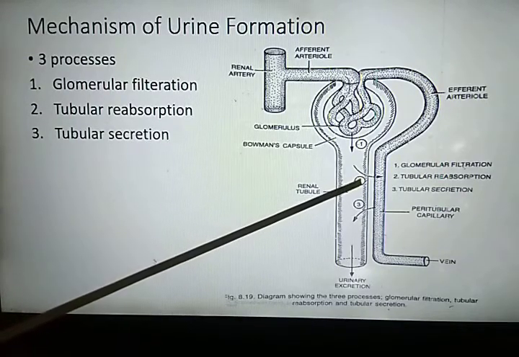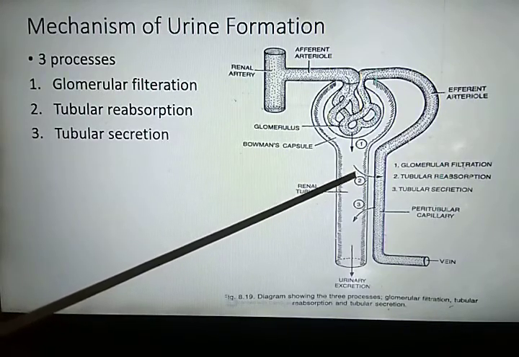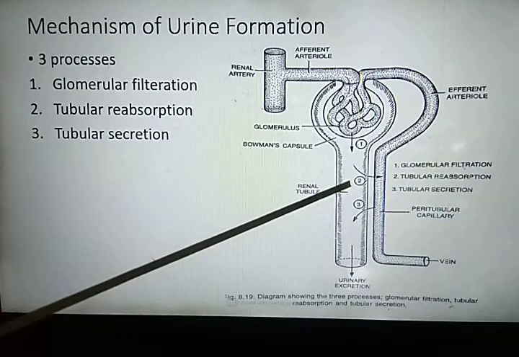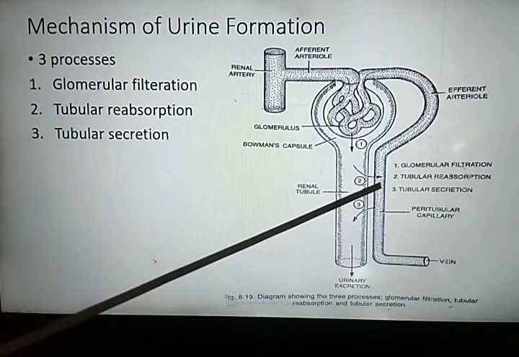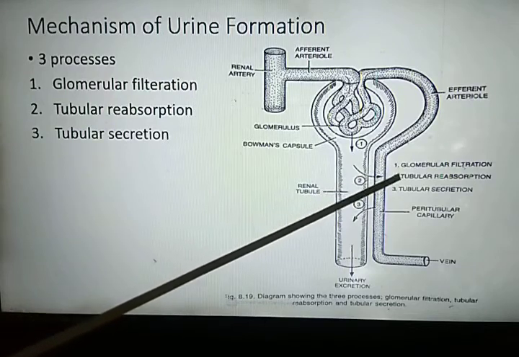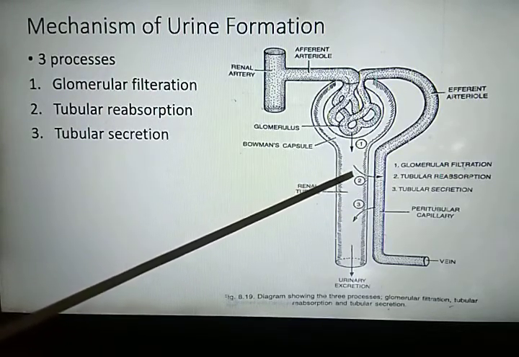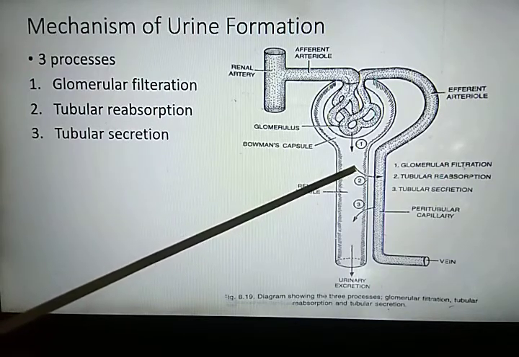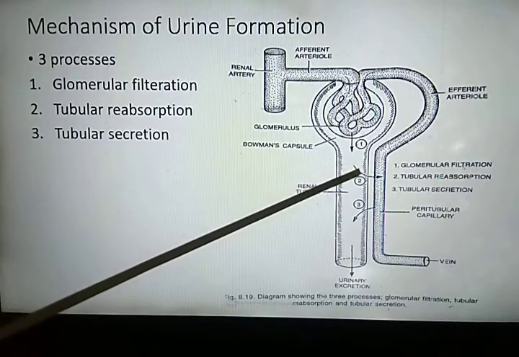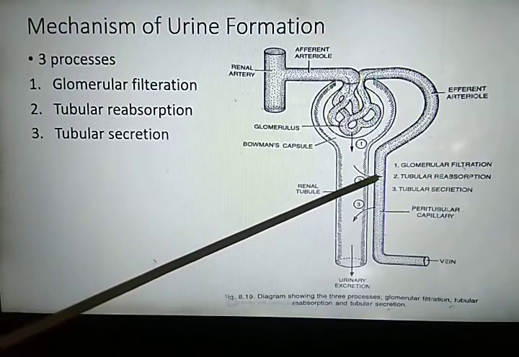All the parts of the nephron are formed of tubular cells. So when the material from the filtrate passes into the peritubular capillary through tubular cells, that is known as tubular reabsorption. You have to keep in mind, whenever there is reabsorption, the arrows will be outward, the movement of substances will be outward.